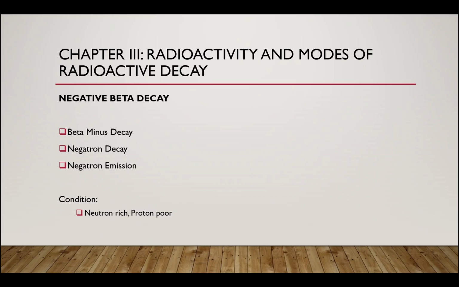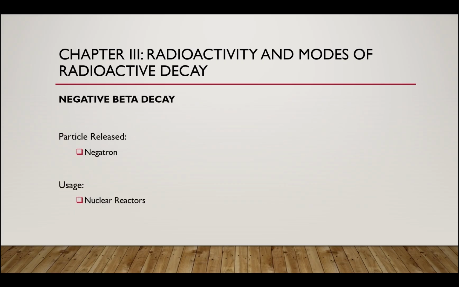So, negatron is the name of the emitted particle. That is why we can also call this mode of decay negatron emission or negatron decay. So, this type of radioactive decay is used in nuclear reactors.